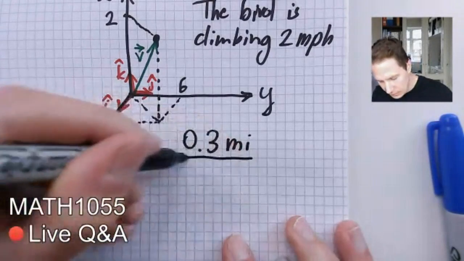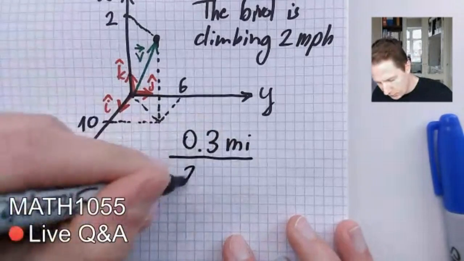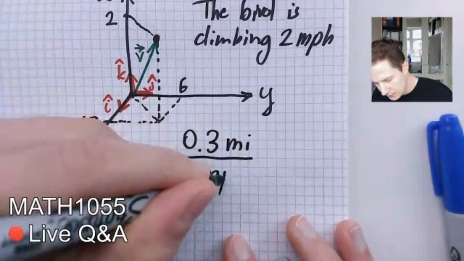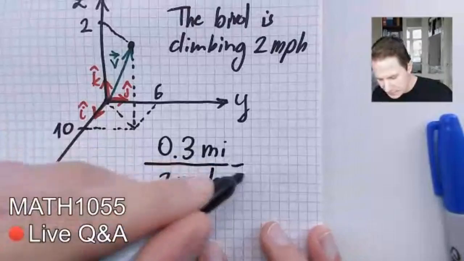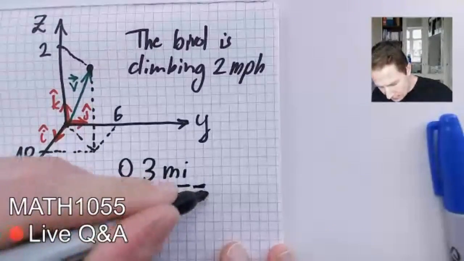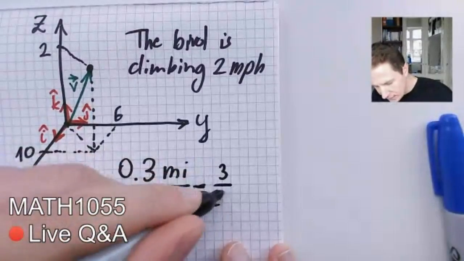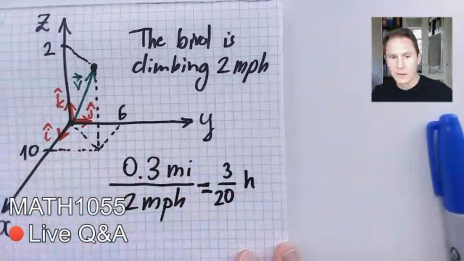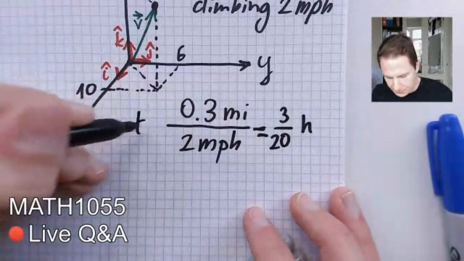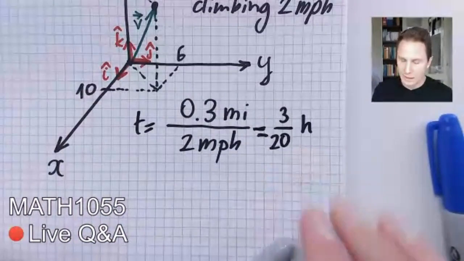Basically the question was how long does it take for the bird to climb this distance vertically? So that's just calculating this difference, and this gives you 3/20 of an hour for the time that we asked.